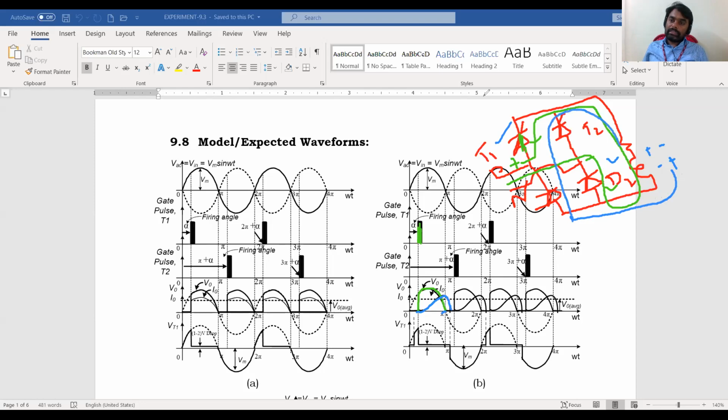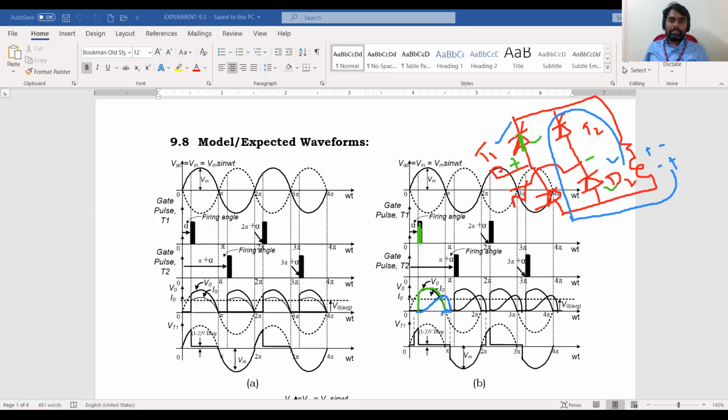So you can see this is the discharging current. Now you can see the blue color discharging current, which is flowing from L positive, D1 anode, D1 cathode, T1 anode, T1 cathode, and the resistive load, and like this. So now you can see the load is short circuited by T1 and D1. So you will get 0 voltage during this interval.